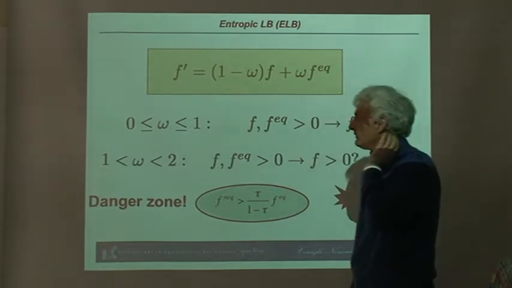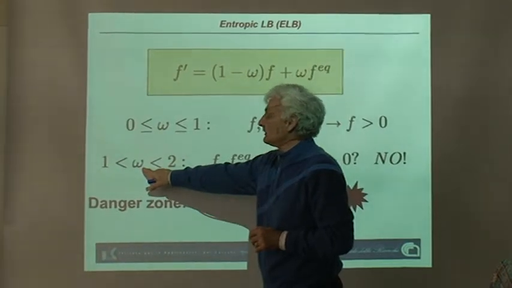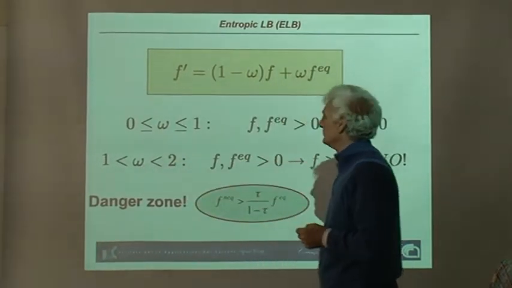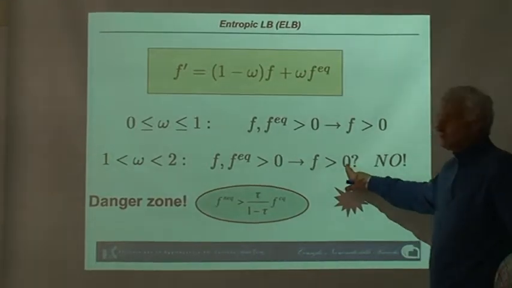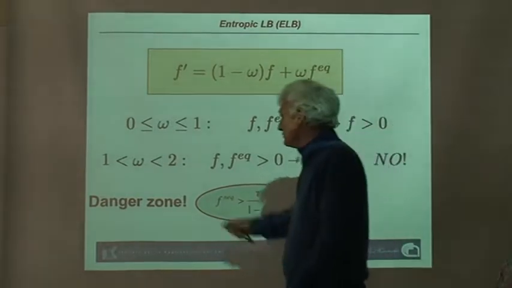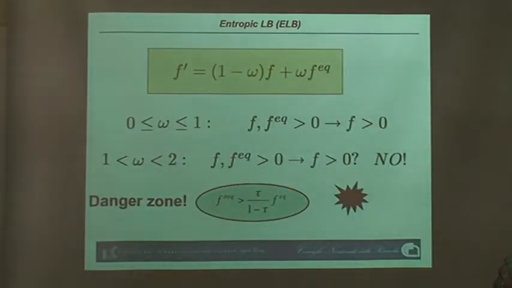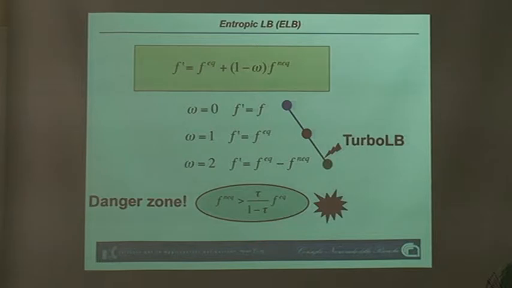If for some reason, and you have to do that, you have to work in the unsafe region, omega between 1 and 2, then in principle you can break this constraint. So the question is, do I have to do this over-relaxation in order to do my simulation? And the answer is pretty much yes.